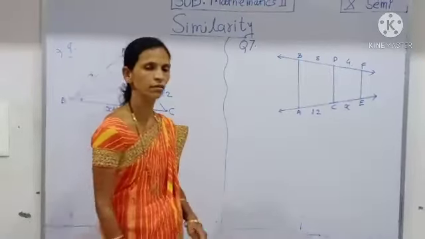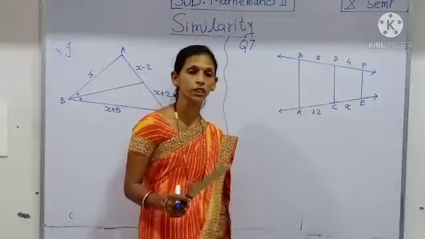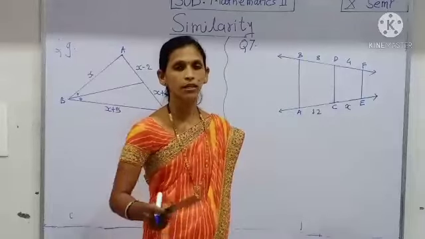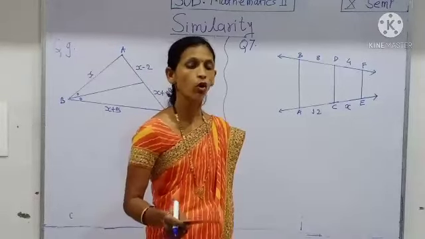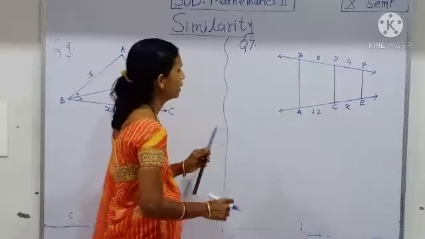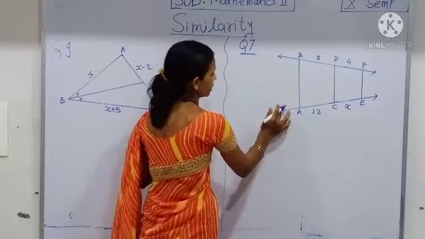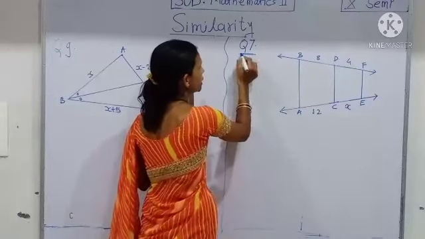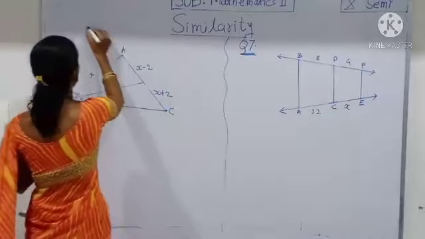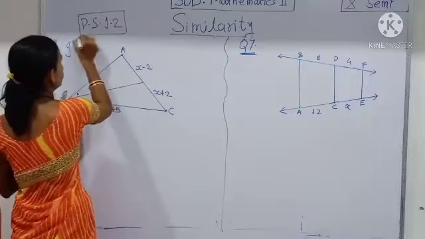See here, we have studied the theorem of ratios of intercepts made by different transversals of the same parallel lines, and the example based on that property is given in question number 7 from practice set 1.2.